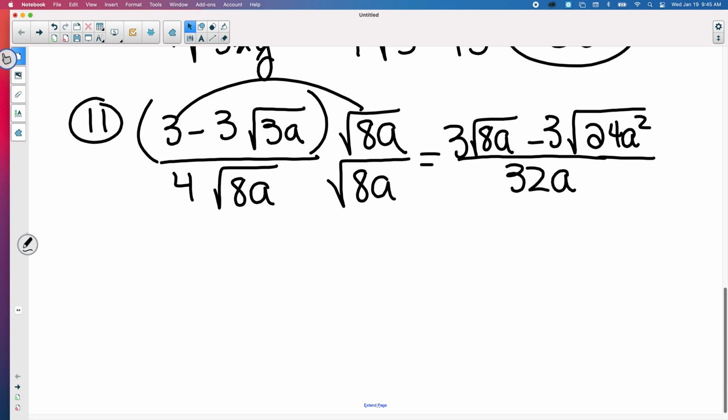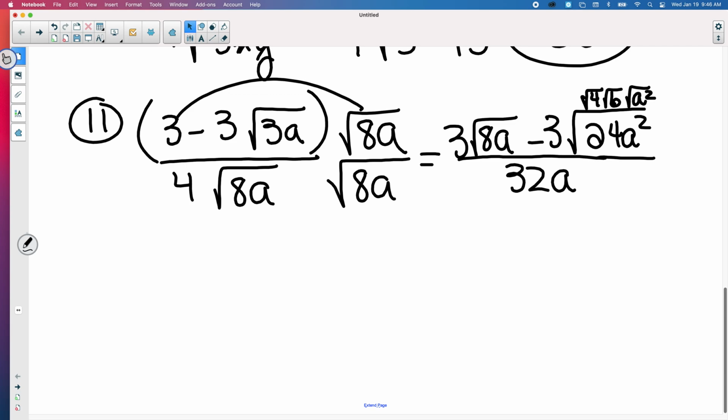Okay, so now look at the top. Can you simplify either of those radicals? Yes. Okay, so the 24, what would you make it into? 2, 6, and 8 squared [sic].